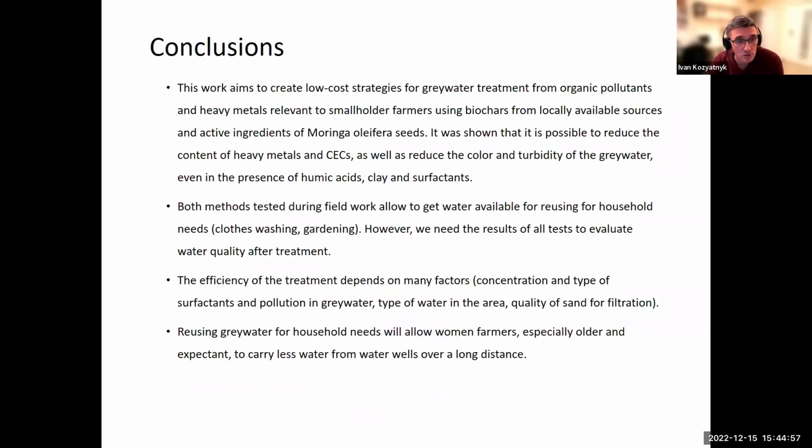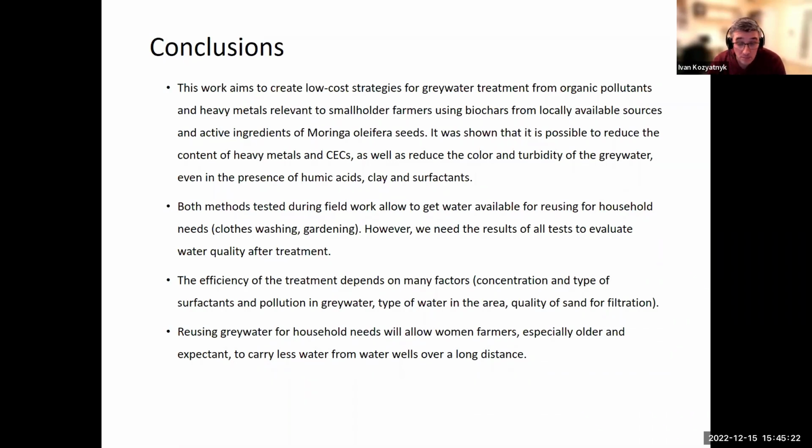So, some conclusions. This work aims to create low-cost strategies to remove organic pollutants and heavy metals, as well as color and turbidity in developing countries using biochar from locally available sources and active ingredients of Moringa oleifera seeds.